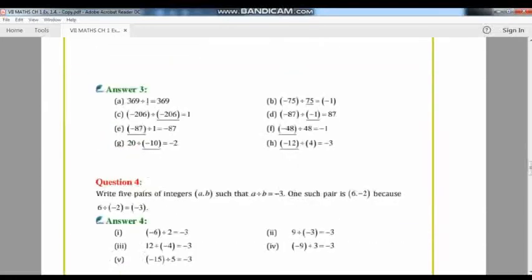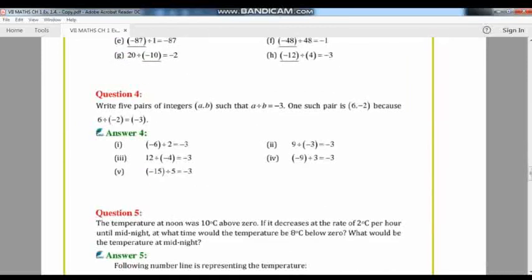Clear? Coming at question number 4, they are asking us to find 5 pairs of integers to satisfy this condition, that is A divided by B equal to minus 3. Now we have to put some integers in order to get the minus 3. So it is very simple. Minus 6 divided by 2 will be minus 3. Minus 9 divided by 3 will be minus 3.